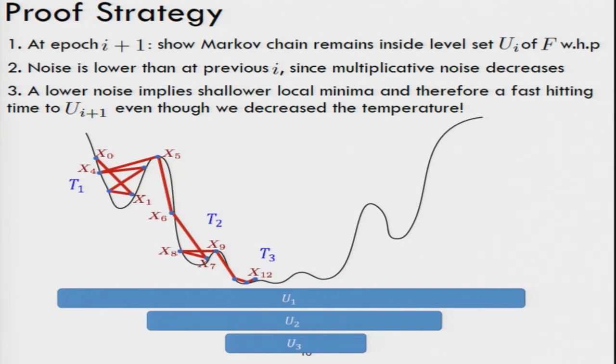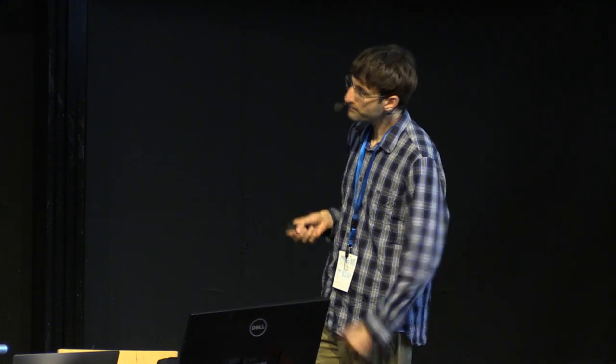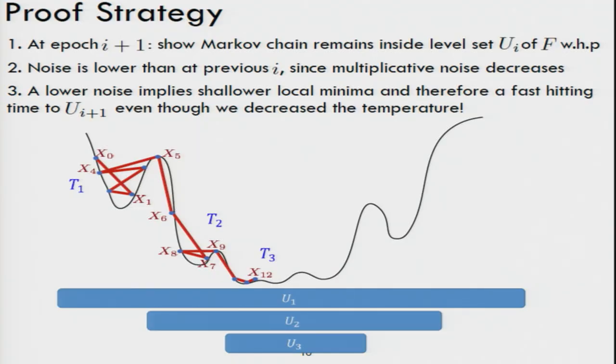So the idea is that since at each step we decrease the temperature, normally you need a higher temperature to escape larger local minima, but the point is as the chain concentrates in the smaller level sets, the points in the Markov chain are closer to the global minimizer, which means that the level of multiplicative noise becomes smaller as you decrease the temperature.